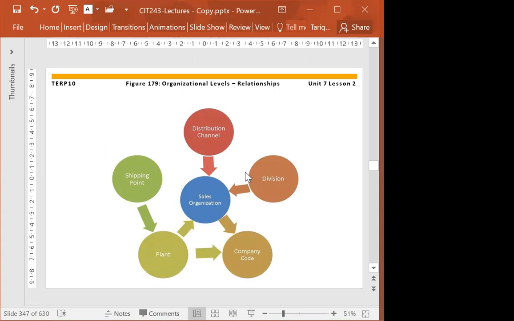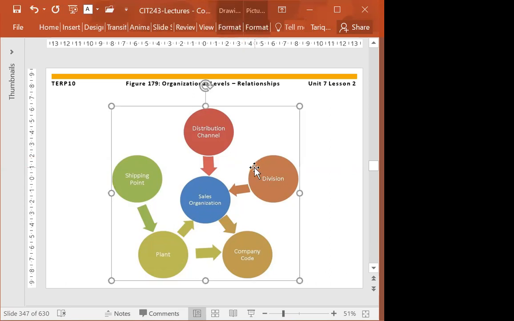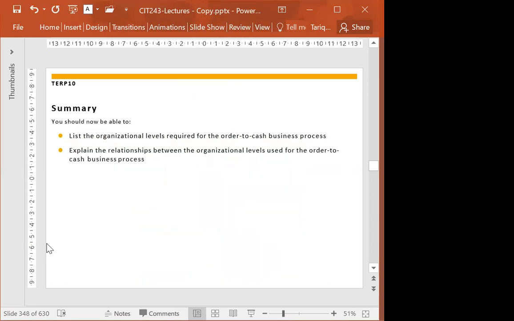Now I'm expecting another answer from everybody, please. A relationship between sales organization and company code. What kind of relationship is that? One to many or many to many? Sales organization to company code.